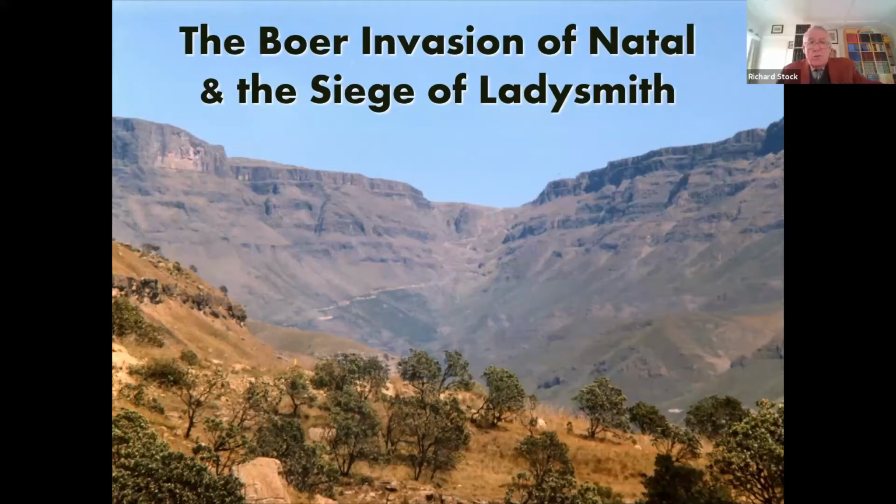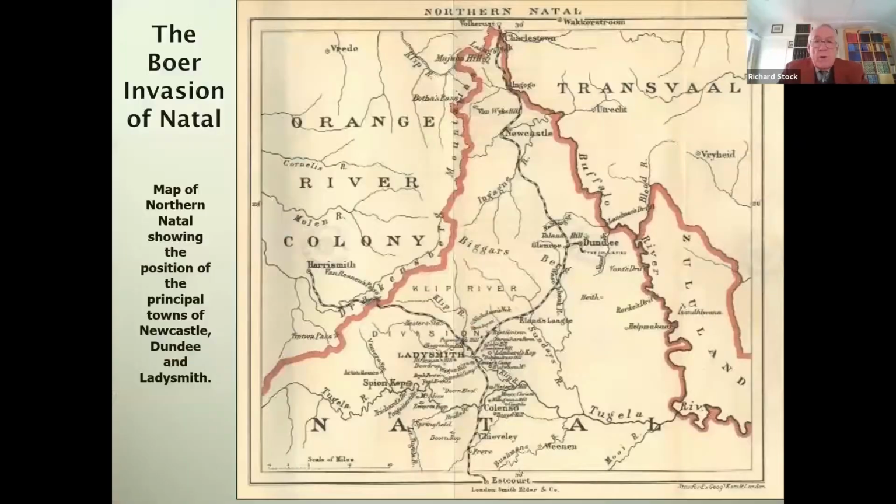So that short title at the top and the setting in which the war took place. But it's one of those instances where a map is very, very useful. If you look at the red outline with Newcastle here and Dundee here, those towns fell very quickly to the Boer forces, and the British troops retreated to Ladysmith here, and that was besieged from the 5th of November 1899 until the end of February 1900.